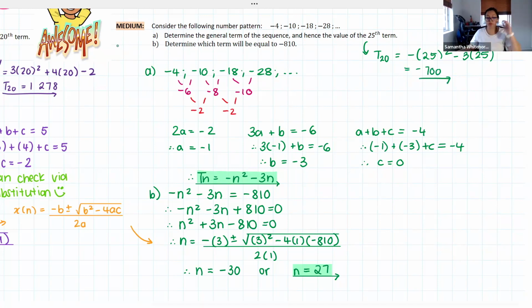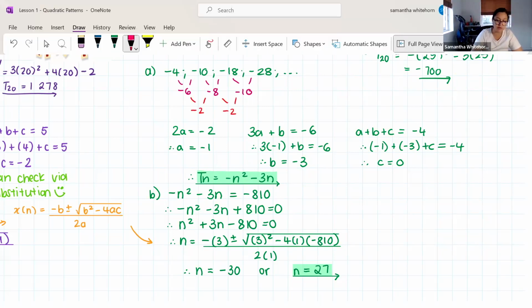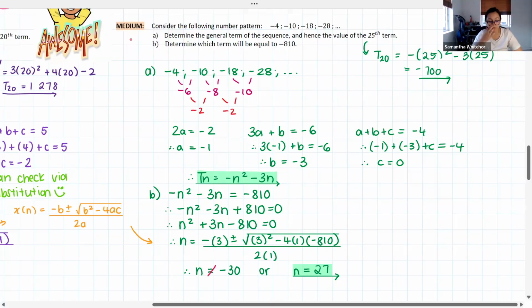Then question B: you were given a value, you sub it in and use a quadratic. If you can factorize 810, go you. I don't think I could do that in my head straight off. That's why we have the quadratic formula. Otherwise use it, find your values, and remember, we can immediately ignore anything with a negative, a fraction or a decimal.